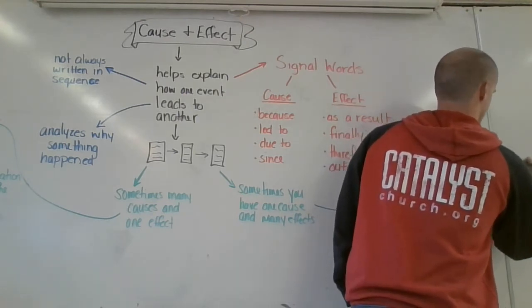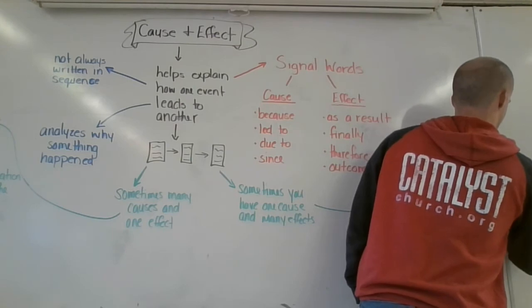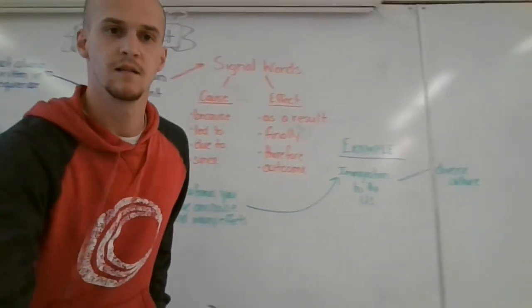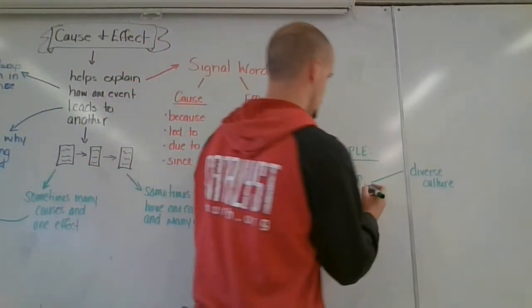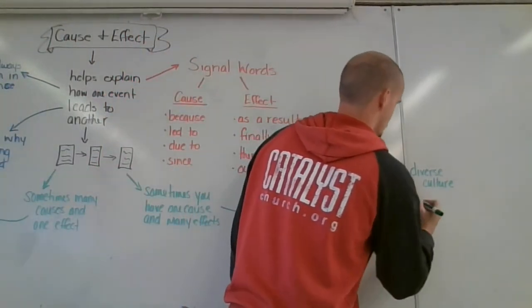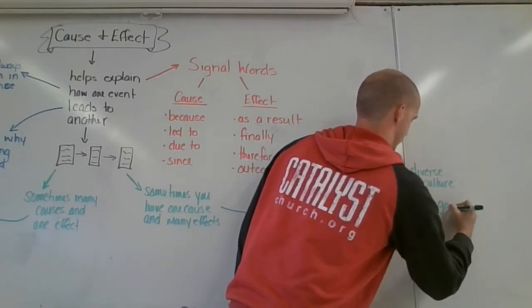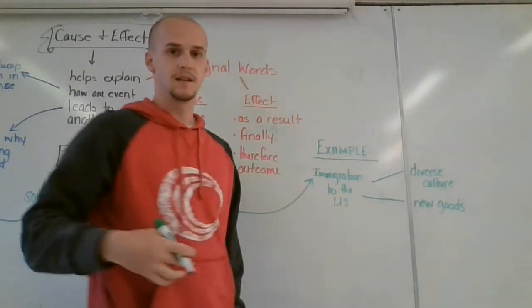diverse culture. America has a very diverse culture as a result. You get new goods. They bring new goods with them, new things. That kind of contributes with diverse culture, but it is an effect.